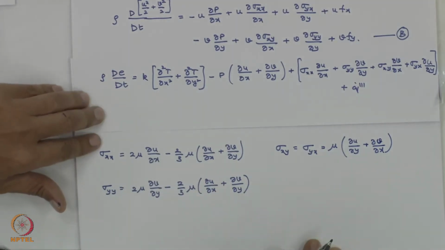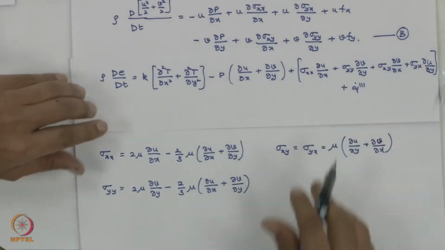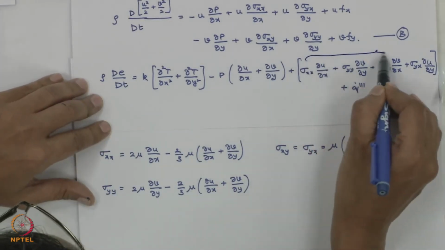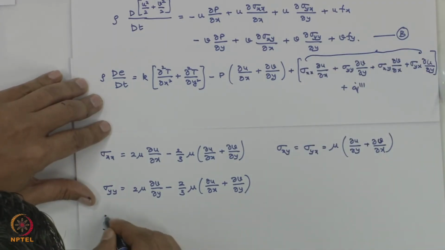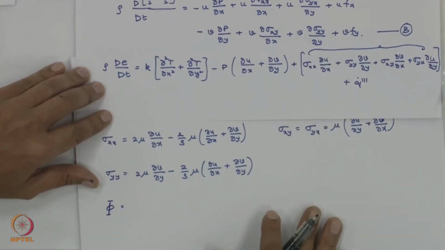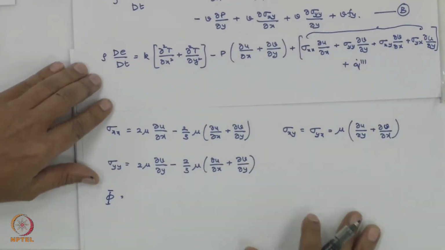please notice that. So now what I am trying to do is write the whole of this term as a viscous diffusion term. There is a small algebra I am skipping, I am writing directly, which you can work out.